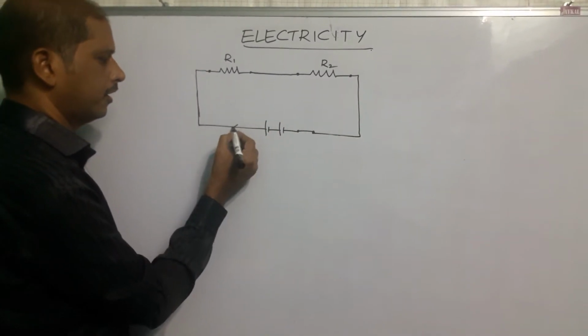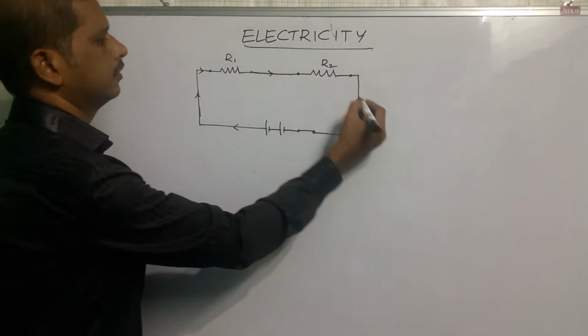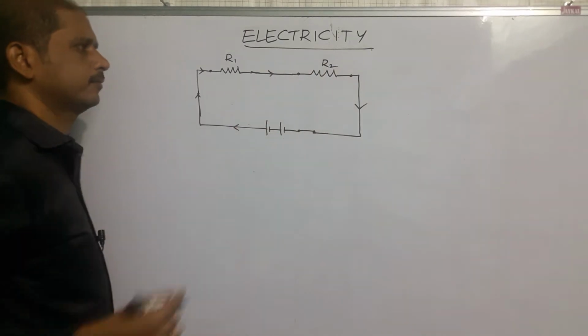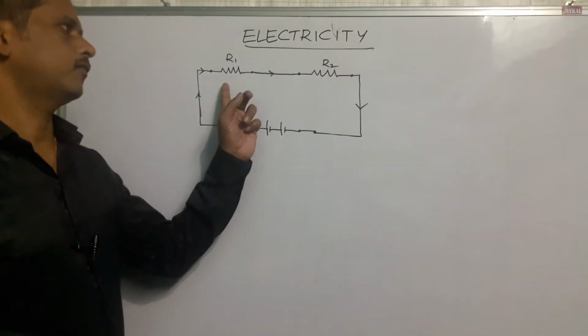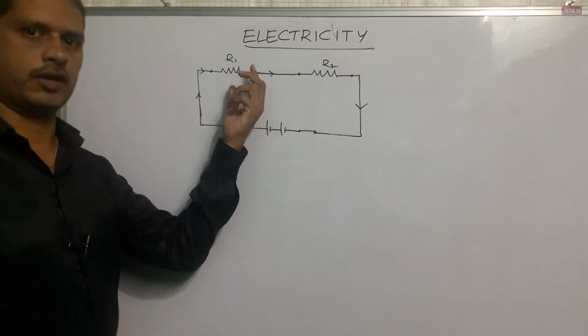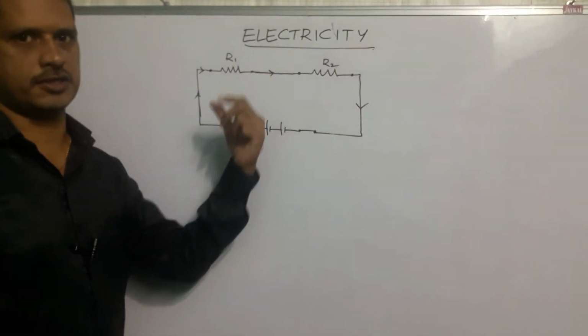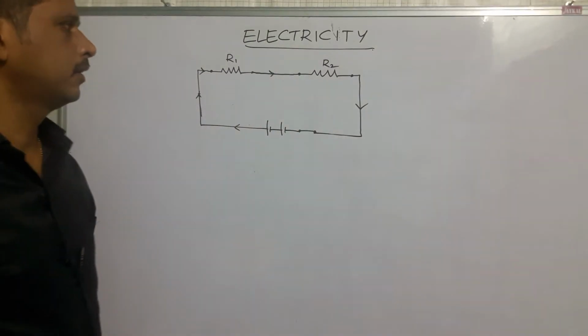Then electric current is passing in this direction. Now we have to find out the effective resistance of the combination of these two resistors, or we can call it the resultant resistance. Effective resistance and resultant resistance are both the same.